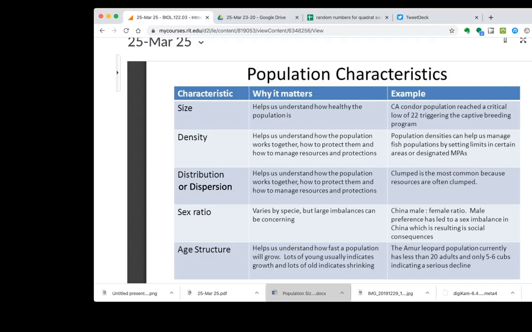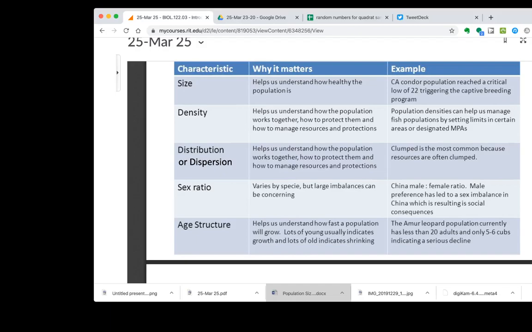Density is an interesting idea. That's just how many individuals there are per area. So there's a healthy density of individuals, and then there's an unhealthy density. Thinking about how many fish we should have in a pond is a good place to start. The next one is distribution or dispersion.